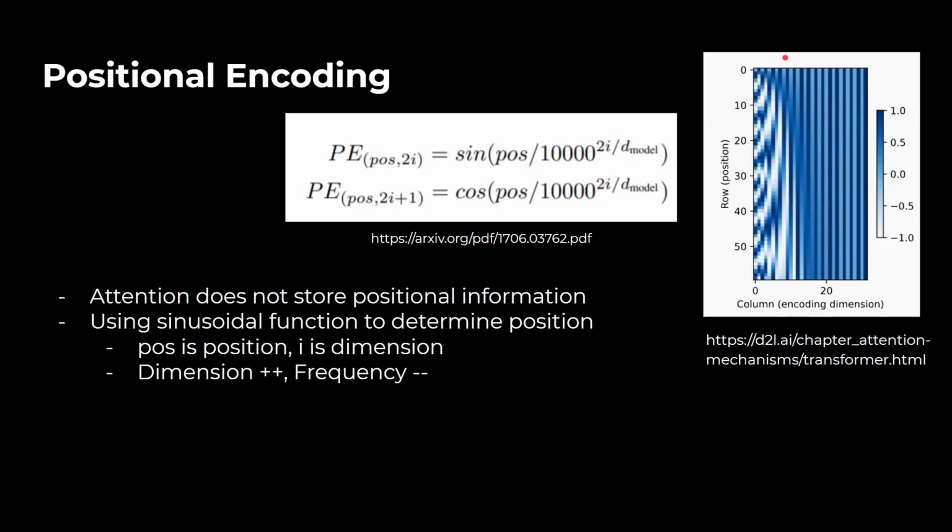So you can just compare between two positions and know which one is before the other, whether they're close, whether they're far. And this provides context to the model when training. Okay, I covered those. Cool.